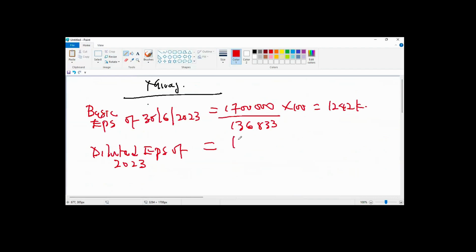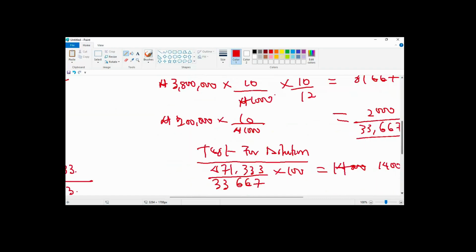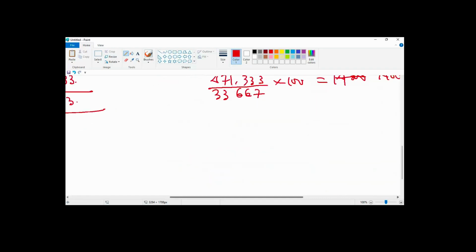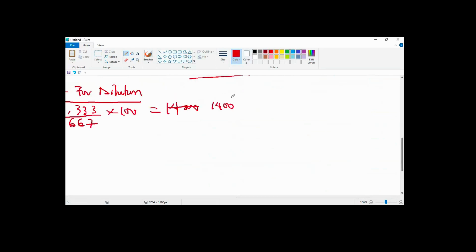So the diluted is 1.242 because it is anti-dilutive. Is it anti? That is it.